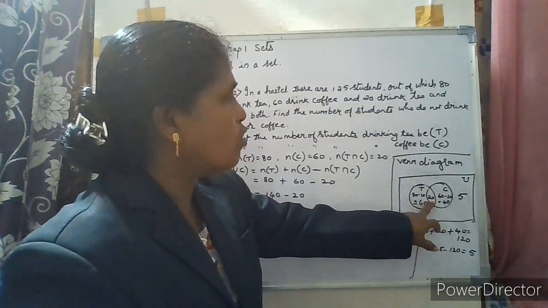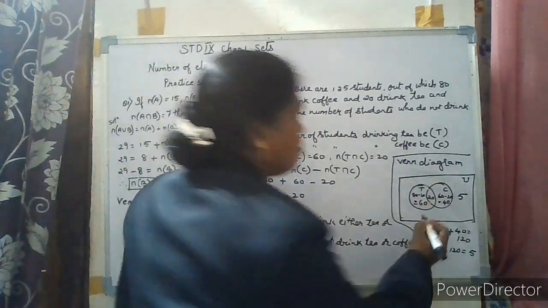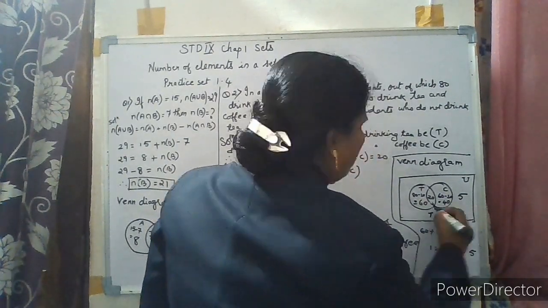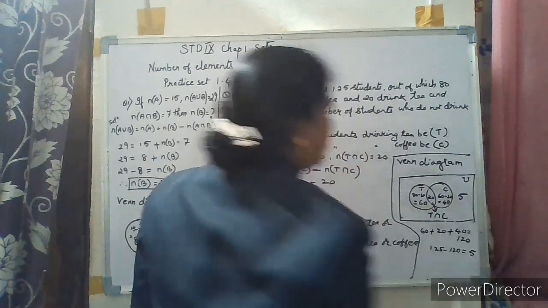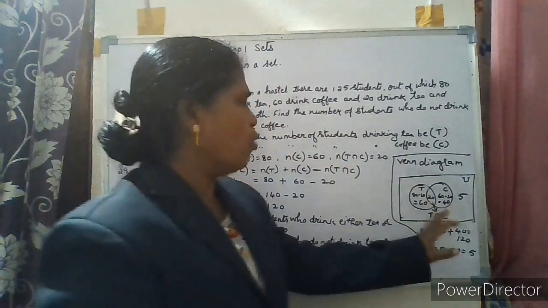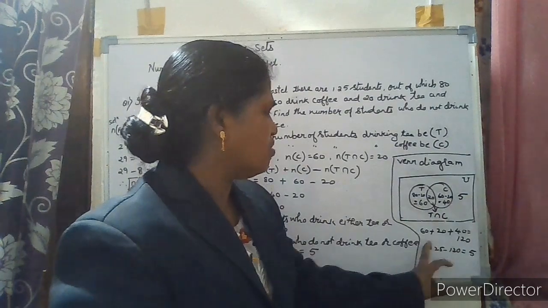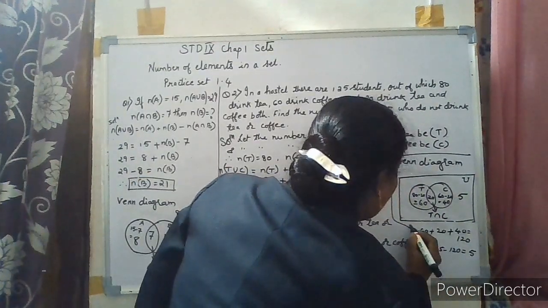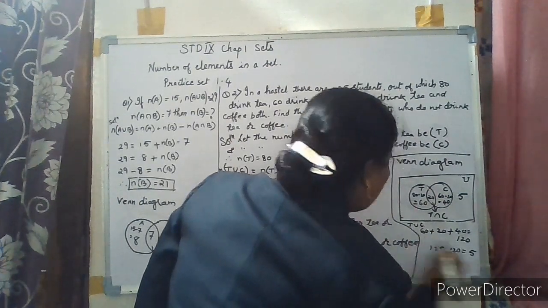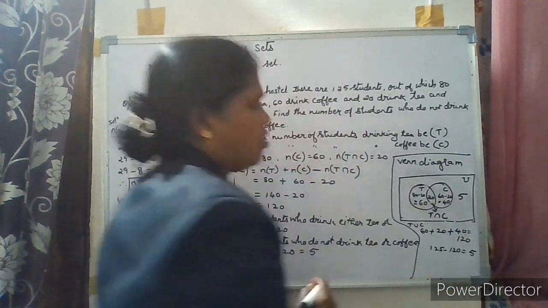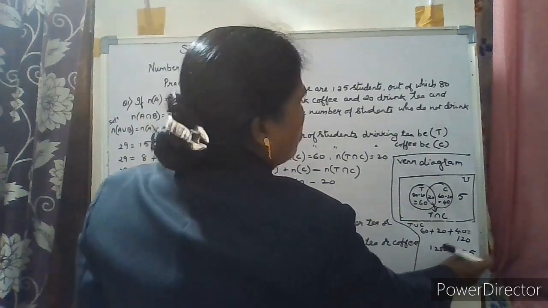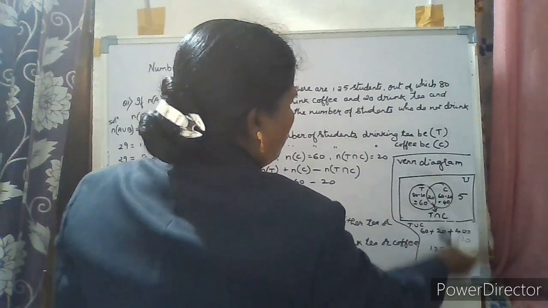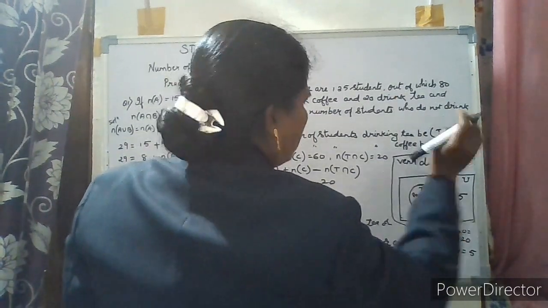This 20 is the intersection, T intersection C, those who drink tea and coffee both. If we find the total in this way, this is the union, T union C, and this is the number of students who do not drink either tea or coffee.